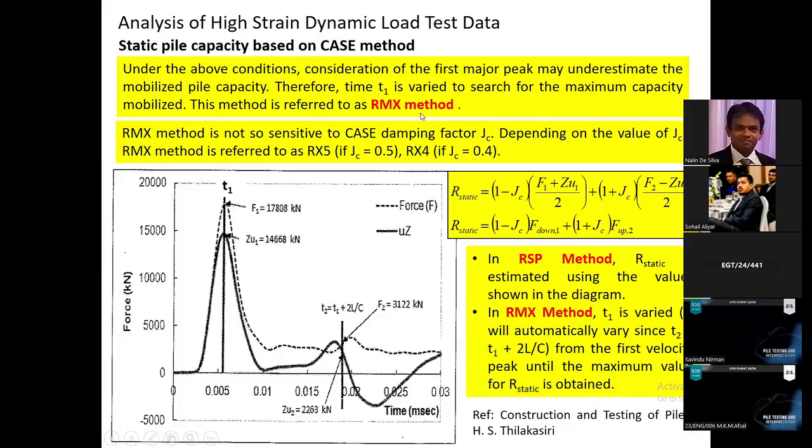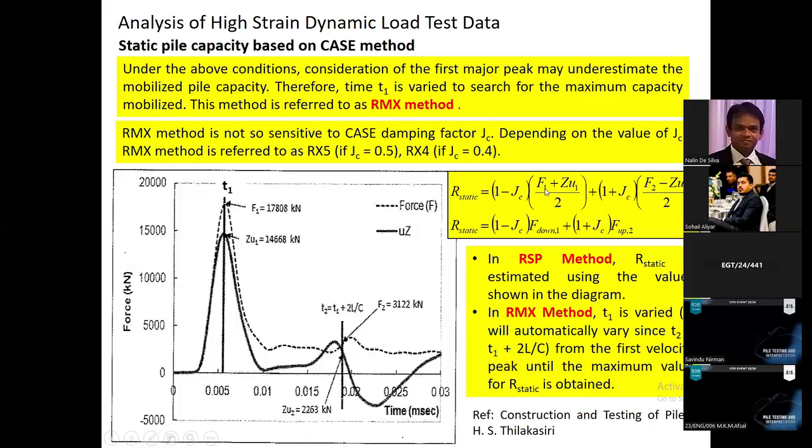That is why this damping factor is known as the case damping factor, right? And this capacity, R static, is known as the case global capacity. The typical value used for JC is around 0.4 or 0.5.